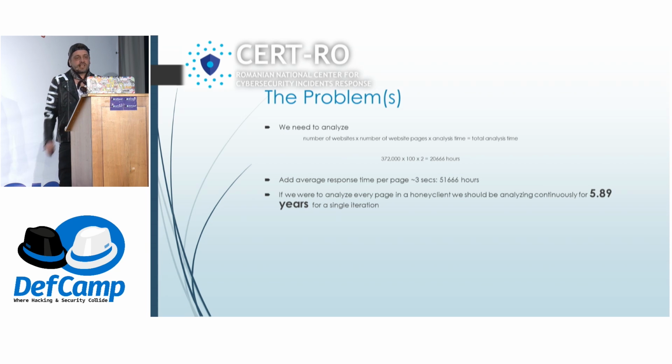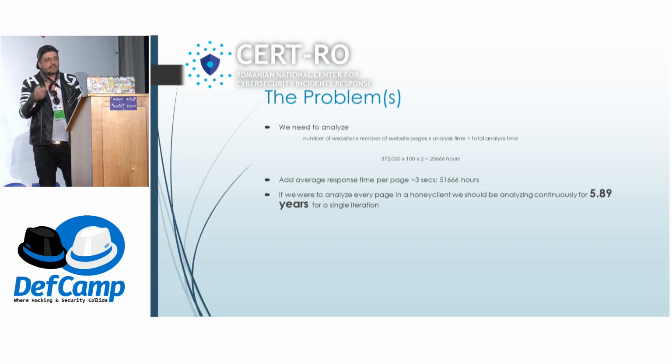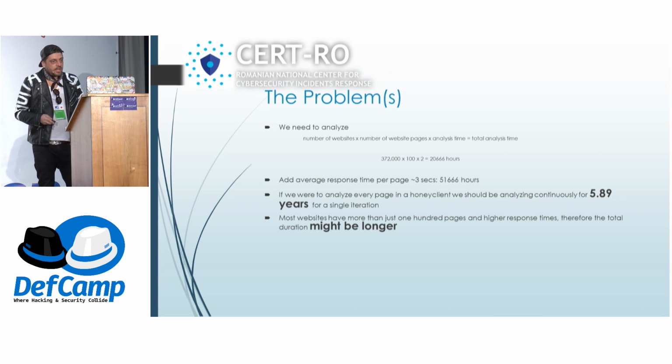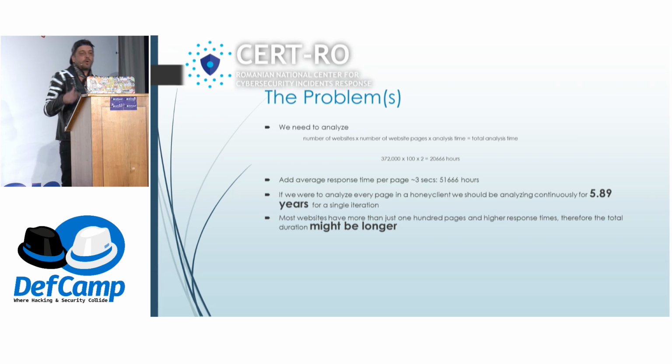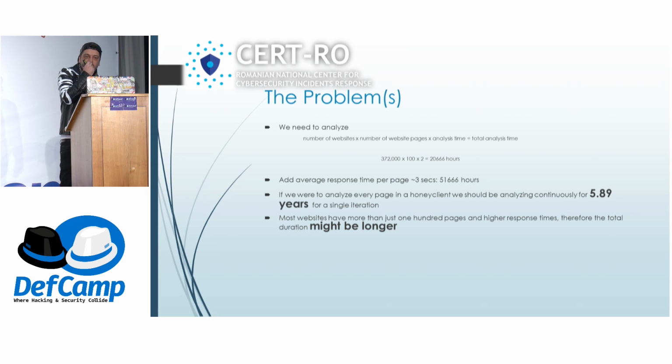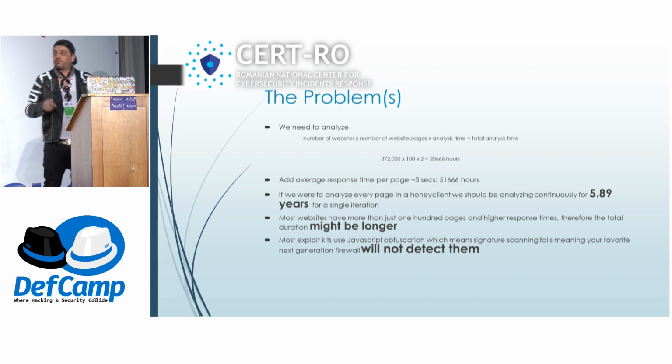If you were to analyze every page in a Honeyclient, we would be analyzing continuously for almost six years. And most websites have more than just 100 pages, and most websites have higher response times. Therefore, the total duration of our analysis could take much longer than we expected.